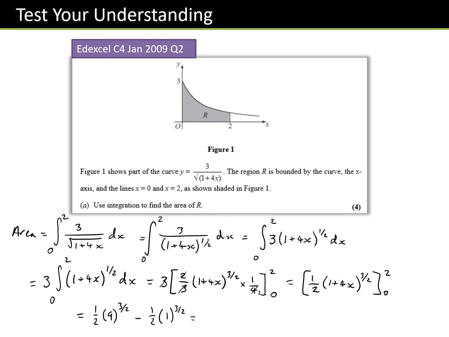So a half times 9 square rooted is 3, cubed is 27. Then this is just going to be a half still. And now 27 halves, take away 1 half, is 26 halves, or just 13. Okay?